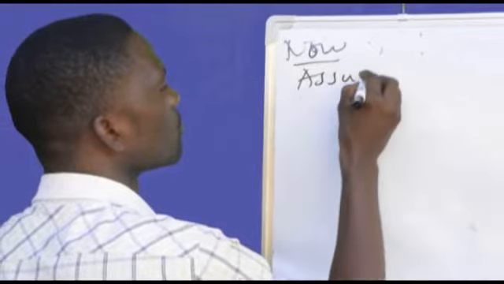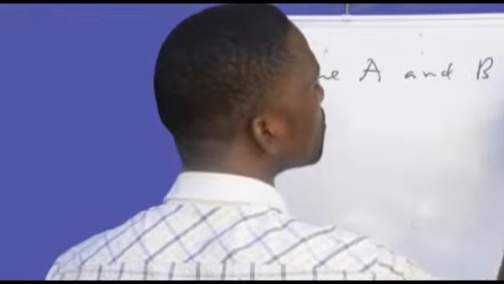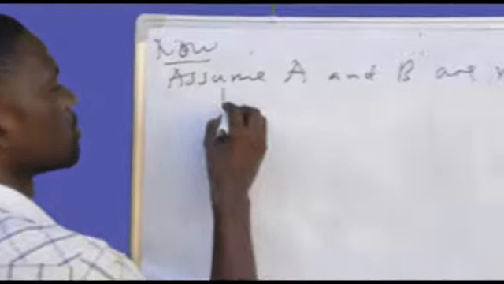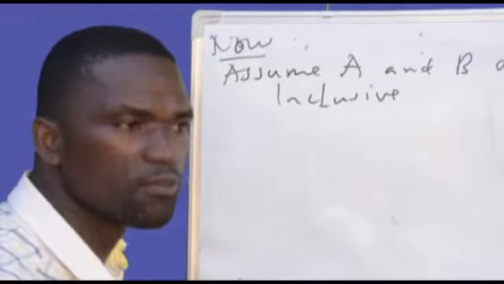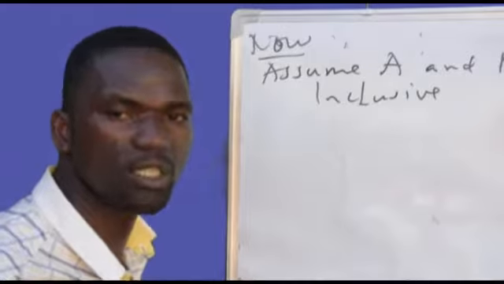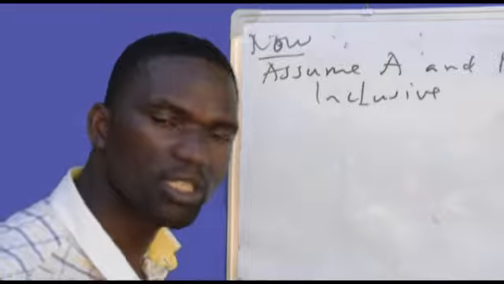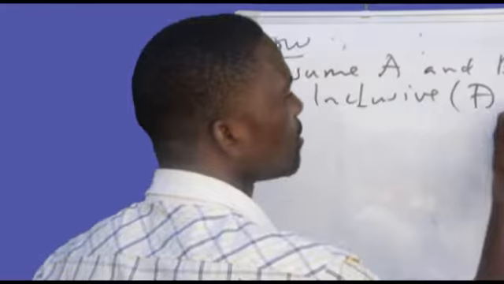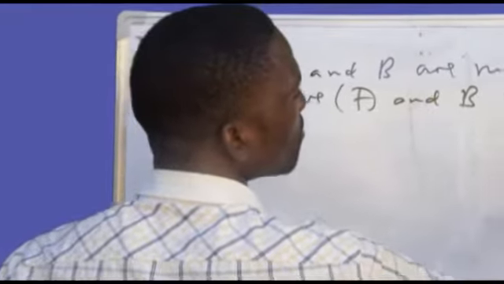Assume A and B are mutually inclusive. If A and B are mutually inclusive, these two sets must overlap, in the sense that the two sets must contain common elements in them.